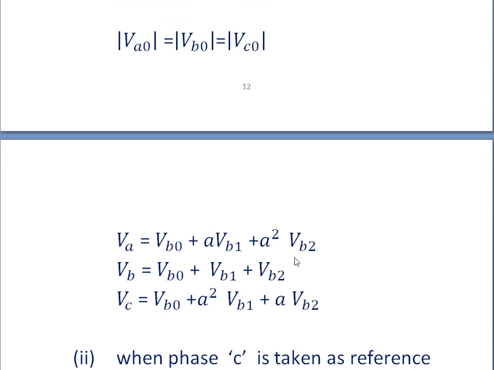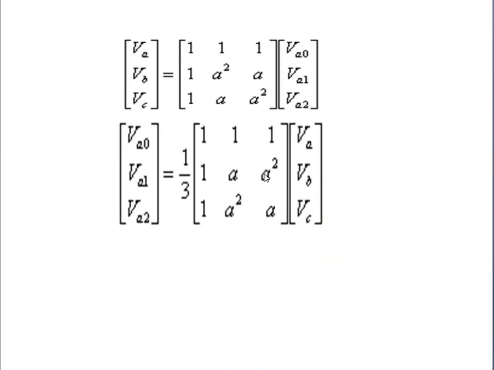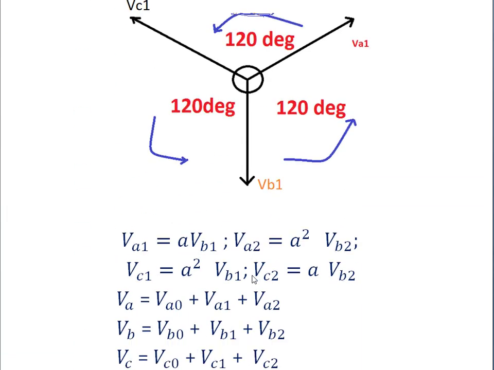Because we are taking phase B as a reference, we write VB is equal to VB0 plus VB1 plus VB2, whereas VA we express in terms of the reference vector, that is VB0 plus A into VB1 plus A square VB2. Similarly, VC is equal to VB0 plus A square VB1 plus A into VB2. So we can also write similar to the previous case like this. We write the matrix form.